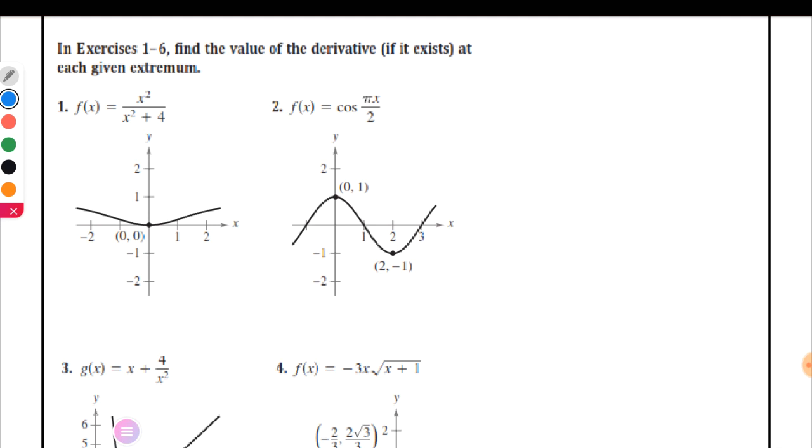Find the value of the derivative if it exists at each given extremum. Extremum means what? Maximum or minimum, relative.